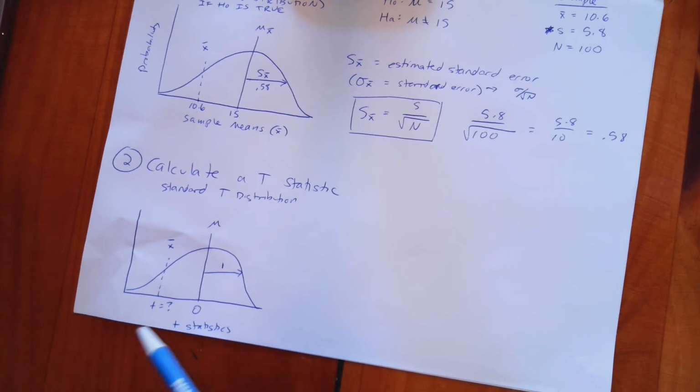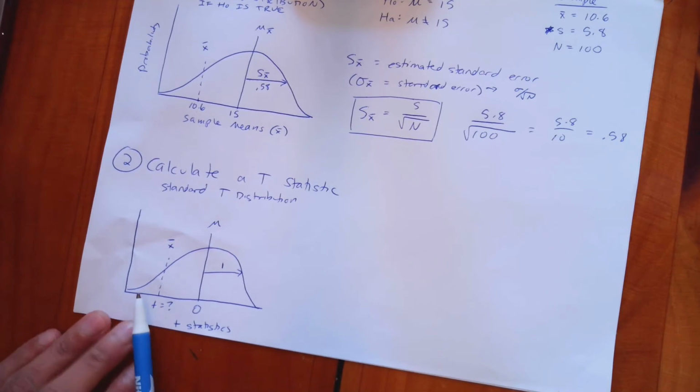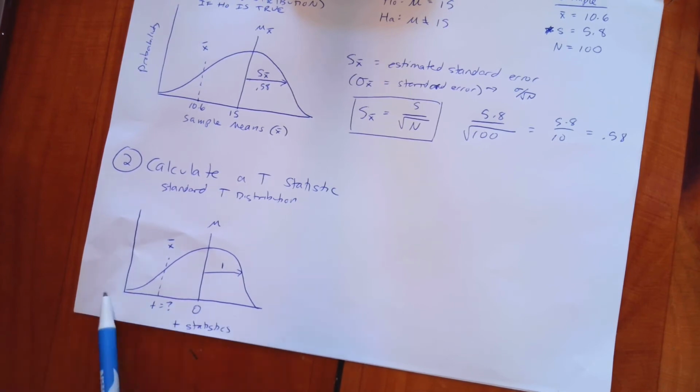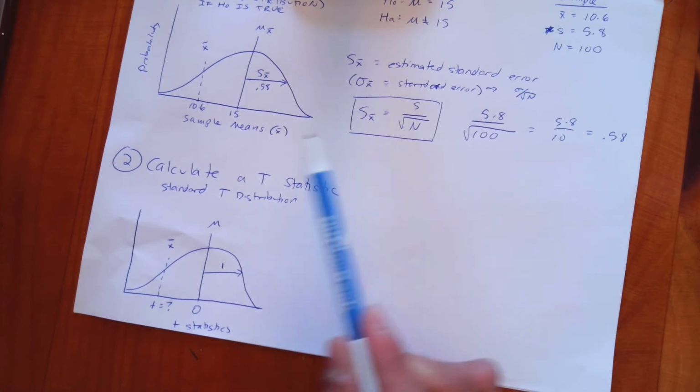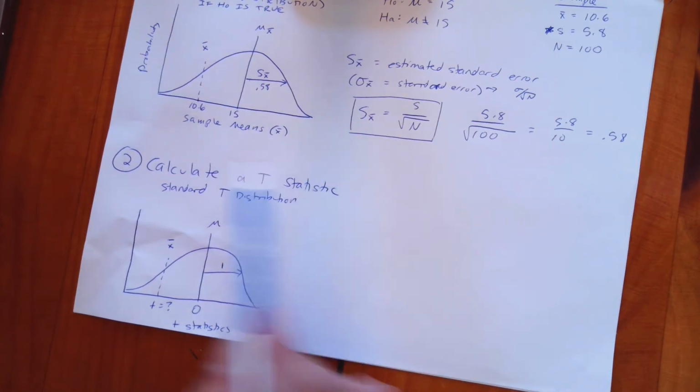And what we're working towards is trying to figure out if our sample is pretty likely, so if it's kind of in this big hump of values here, or if it's further out, like in these tails. And if it's one of the sample means that are more likely based on our sampling distribution, then we'd say we don't have a whole lot of evidence against the idea that this is actually what's going on in the population.